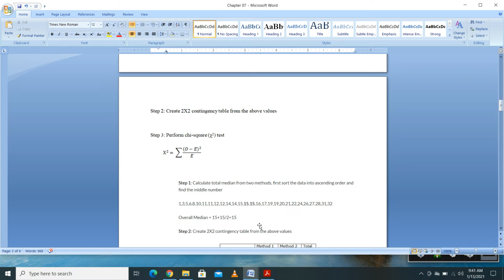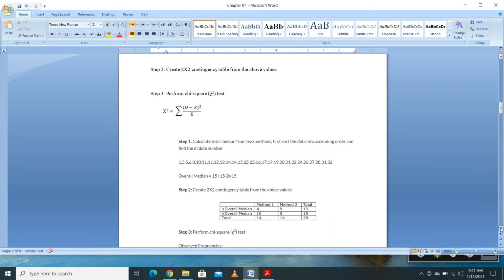The position of the median would be 29 plus 1 divided by 2, that is 30 divided by 2, that is 15, so the median is the 15th observation. Overall median for the pooled data set is 15.